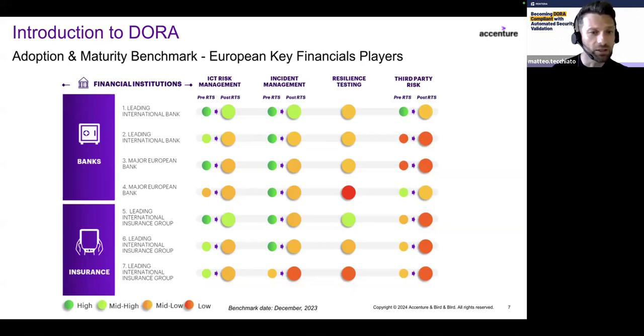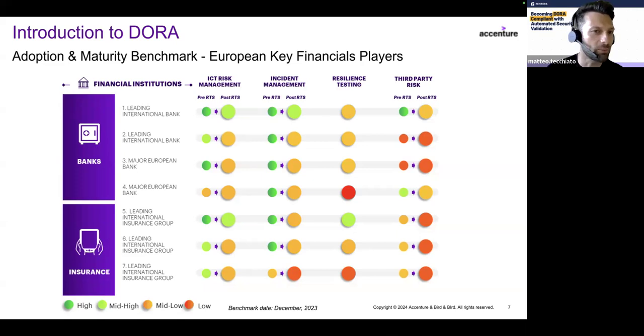And as you can see, the big players here, because we are speaking about the big banks and also big financial services and big insurance companies, started to evaluate, and have already performed an assessment in order to identify the gaps between what they have in place and what DORA is going to ask. And for these four main sections of the regulation, as you can see, they found that they are pretty good on the section related to ICT risk management.